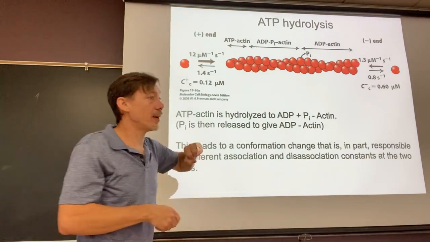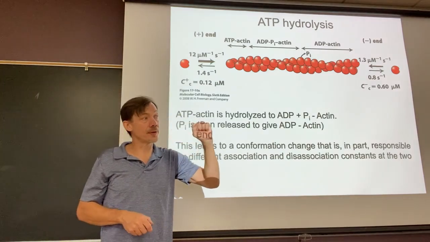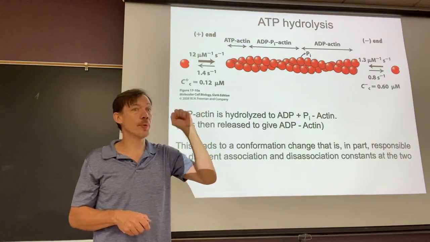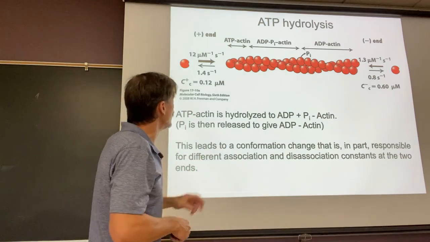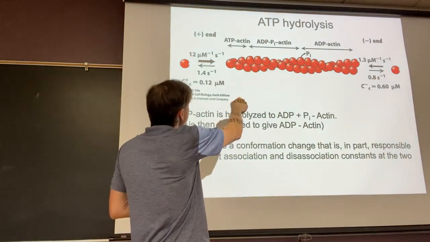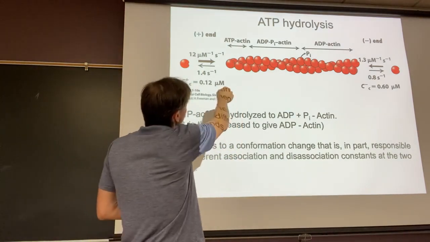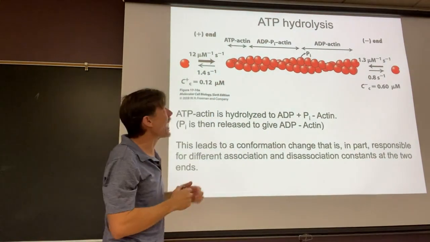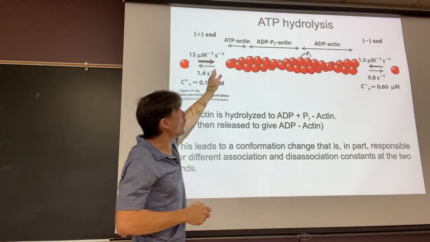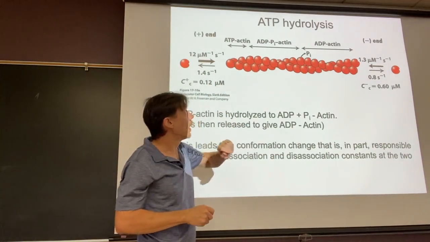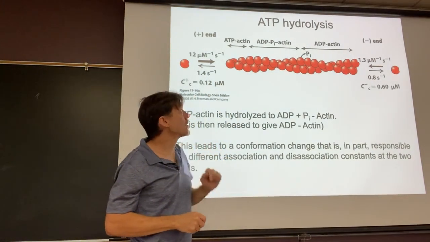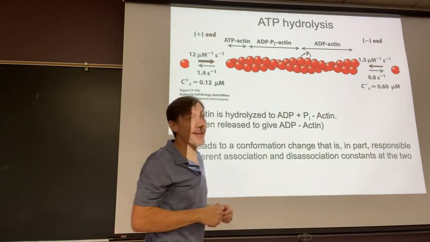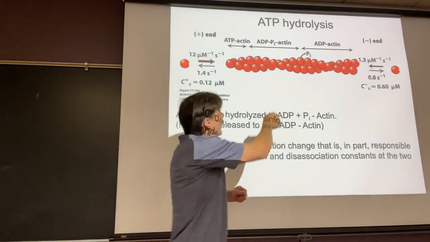It turns out that soluble actin, mostly 90+%, binds to ATP. When actin is assembling on the plus end, initially there's going to be ATP bound to actin. Over time, that gets hydrolyzed, so there is now ADP plus a phosphate in the actin.